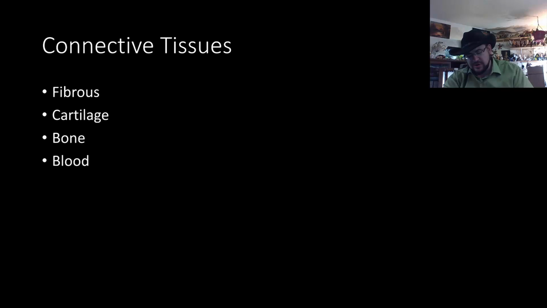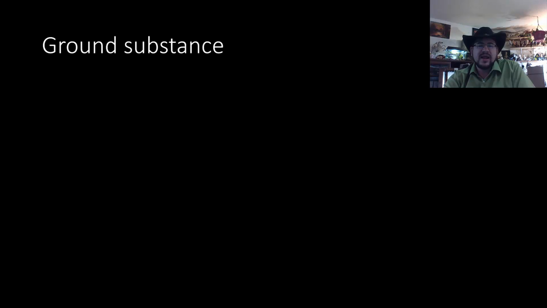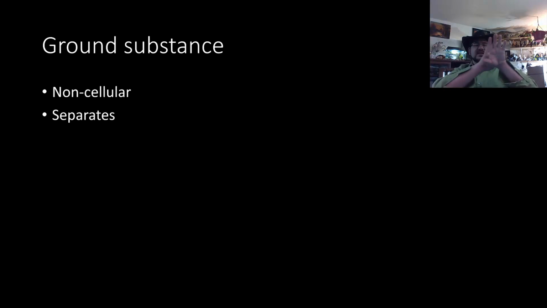Let's go through some of the general unifying features of connective tissues, features found in all connective tissues. One of the features we find in all connective tissue is the ground substance. The ground substance is non-cellular, and it separates the cells in connective tissue, right? Think of it as a sheet of ground substance, and in that sheet, you'll have little cells in various spots, each separated by the sheet.